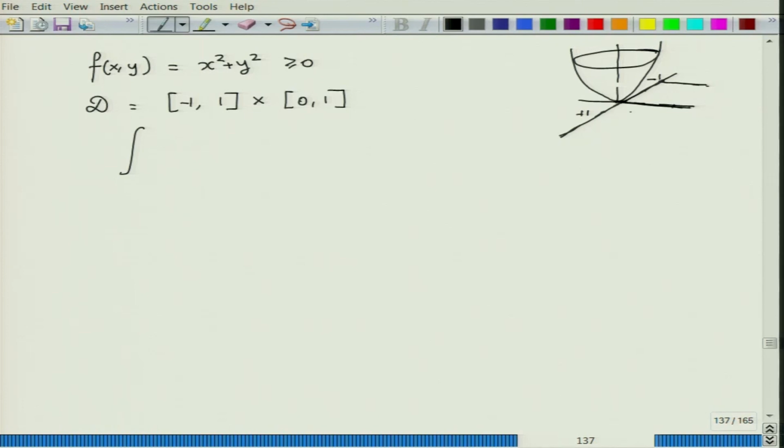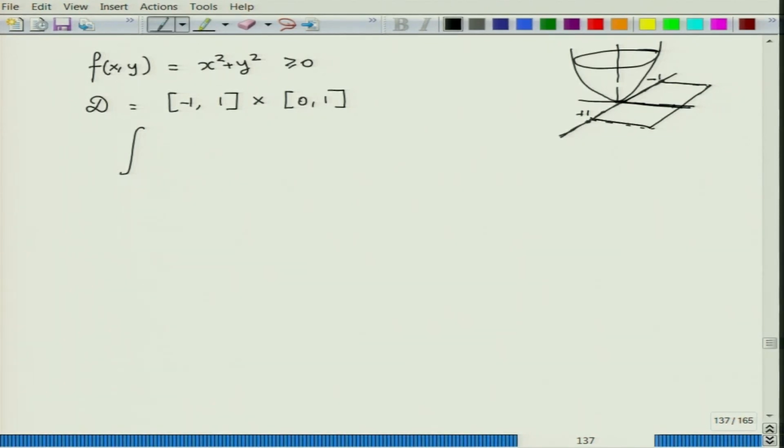So, basically your domain now becomes like this. So, this becomes your domain. Oh, I'm making a kind of mistake, -1 is far off compared to +1, the symmetry is getting lost.